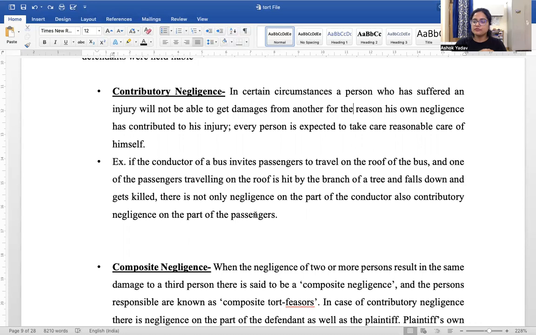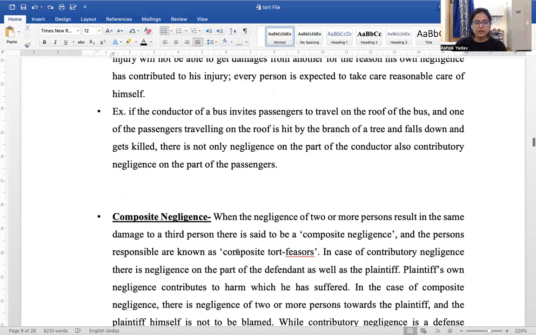Now if the driver puts the brake, of course you'll fall down. If injury is suffered by you, you cannot come to the court and ask for compensation because you also contributed to the accident. You were also negligent. So in this case, apart from the negligence of the driver and the conductor, you were also negligent. So this is the case of contributory negligence, right?